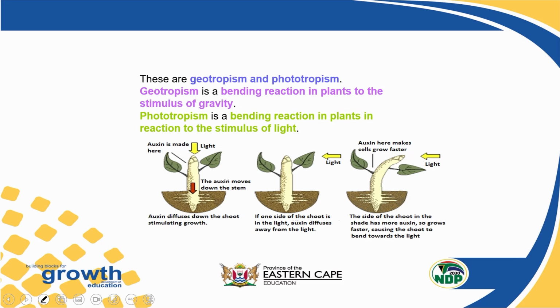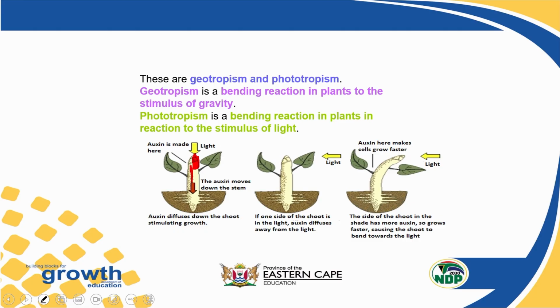But once we become specific, the plant is growing towards the stimulus of light, then it means it's phototropism. Let us look at the first plant that we have here on the left-hand side. You will find out that we have said earlier on, auxins are located at the tip of the what? Of the stem. So therefore, in this particular plant, the auxins will move down this plant.